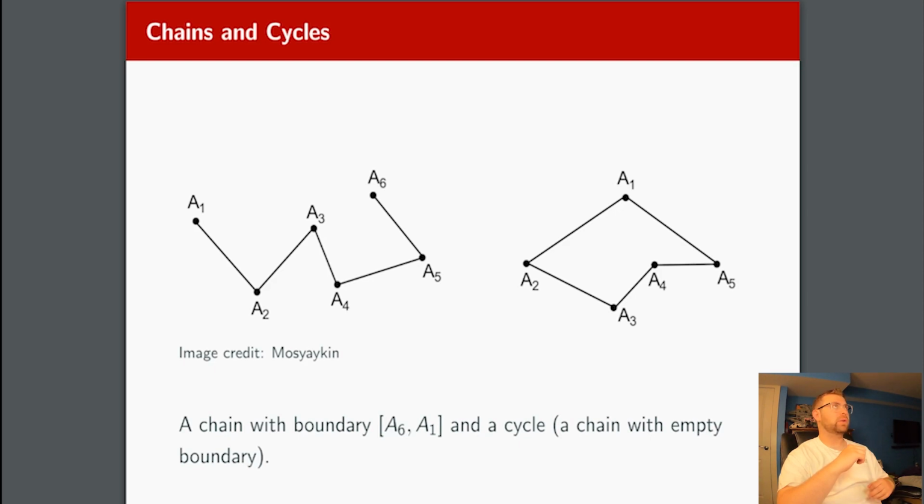I don't remember if this is technically an algebraic or geometric cycle. I don't think it's important for the sake of my project, but I'll just refer to it as a cycle. A 2-chain would be a combination of a bunch of 2-simplices, so it would look like a linear combination of a bunch of these triangles next to each other. And if that has empty boundary, I would get a 2-cycle.